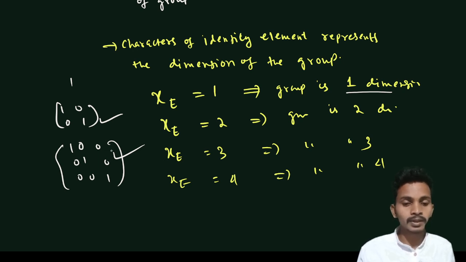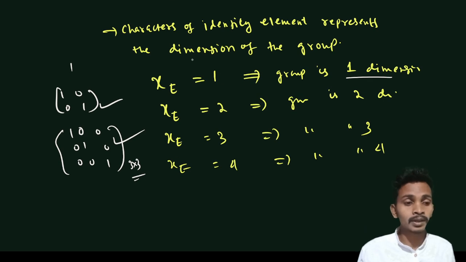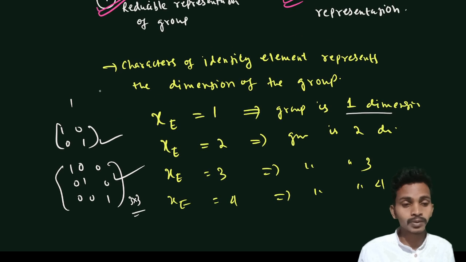This is one type of unity matrix where 3 by 3 means both the numbers are the same. Here 3 means here also 3. In group theory we will discuss these unity matrices. These things I was supposed to say in the previous class, but I forgot. Sorry for that. Next we will start with the reducible representations of group.